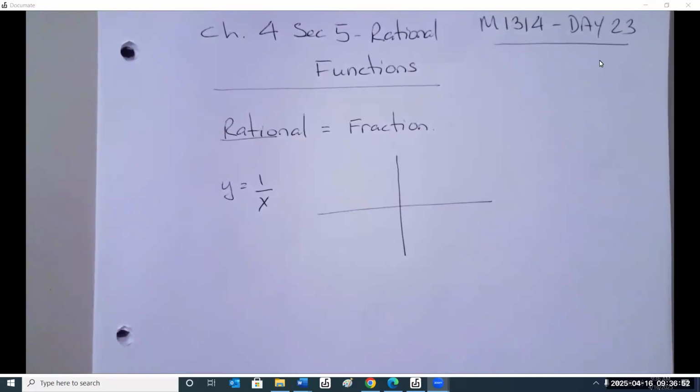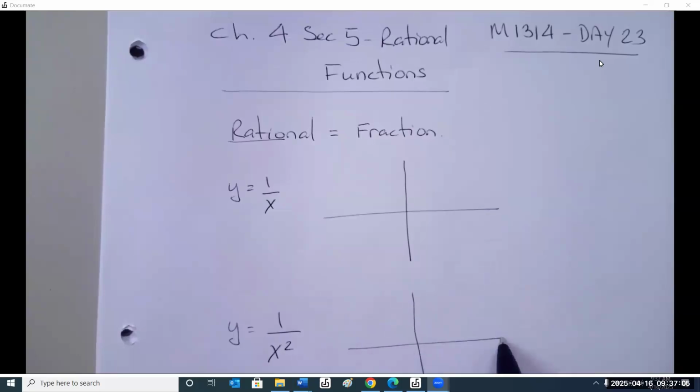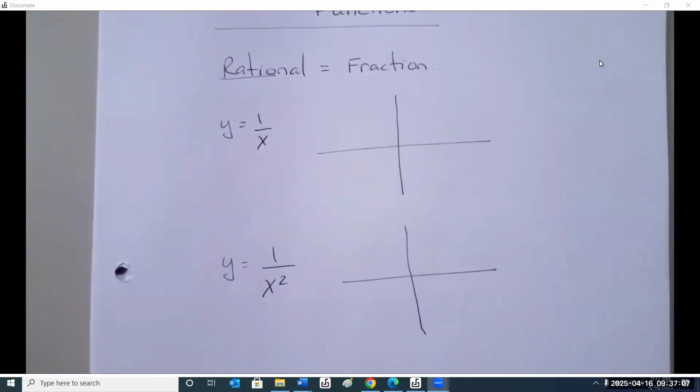From the library of functions. Because we also have another one that looks like this. But let's look at it.